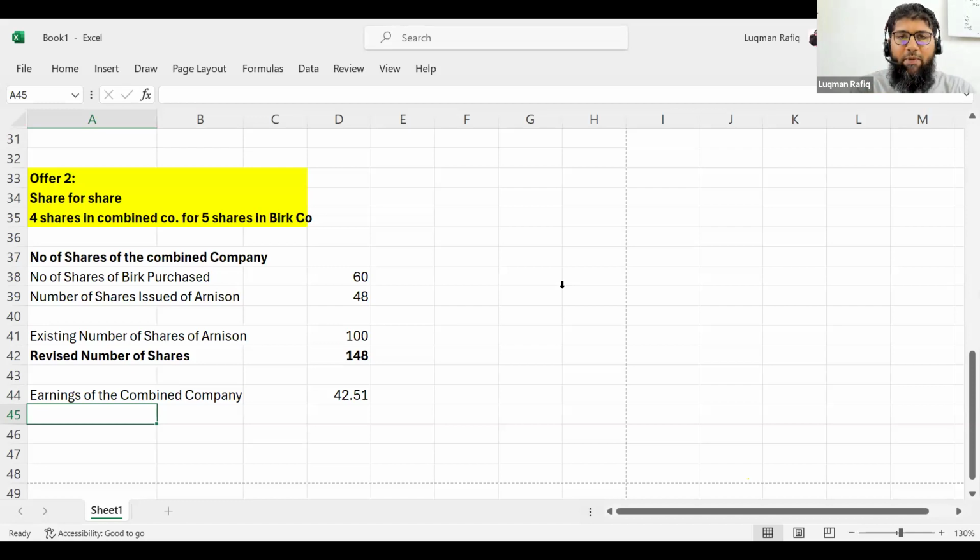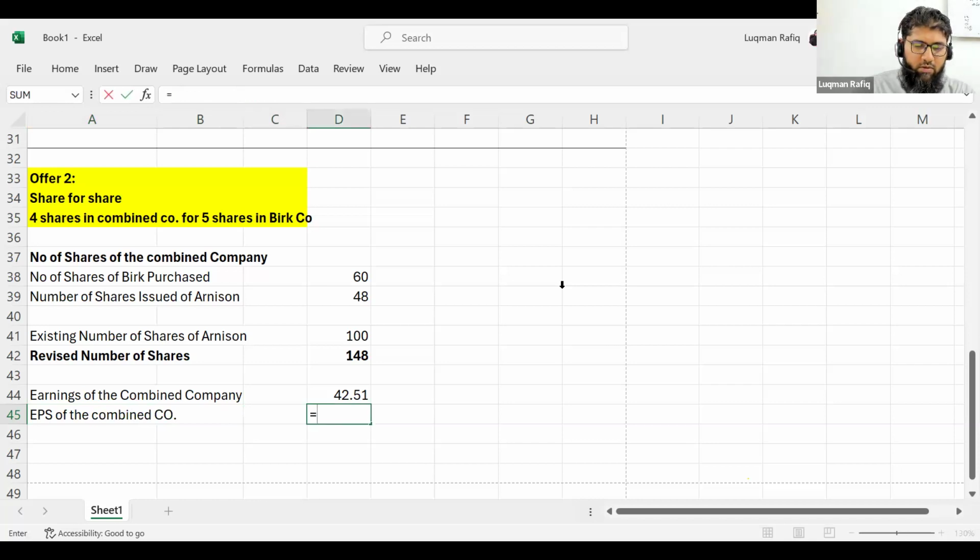Now let's try to understand. The EPS of the combined company is this earning divided by the number of shares.